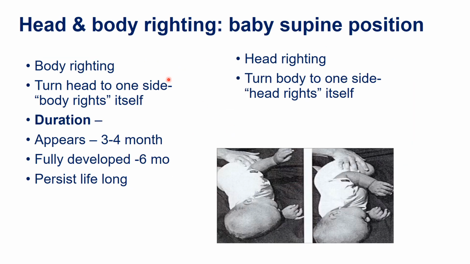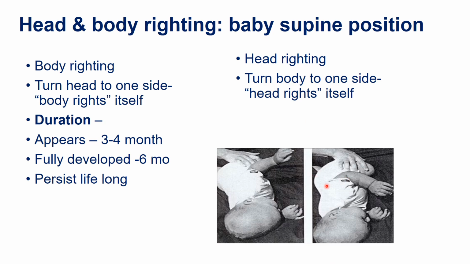Another secondary postural response is head and body righting. Here you put the baby in a supine position. If you turn the head to one side, then the body rights itself; the body also turns to the same side.